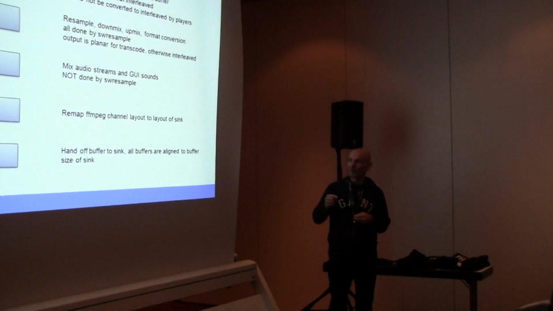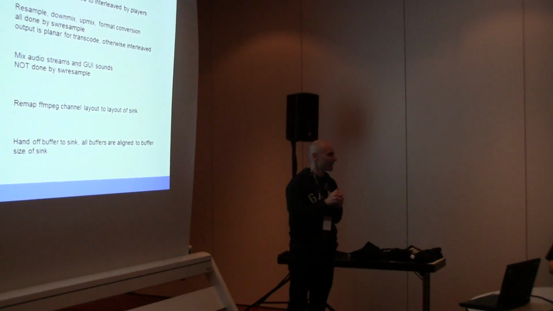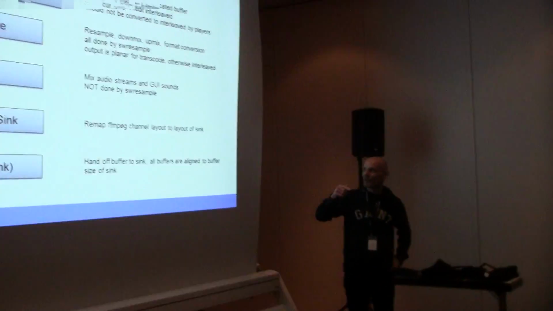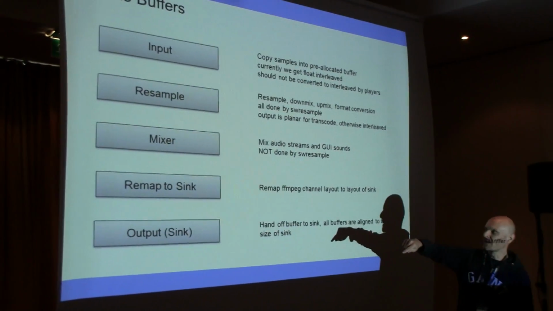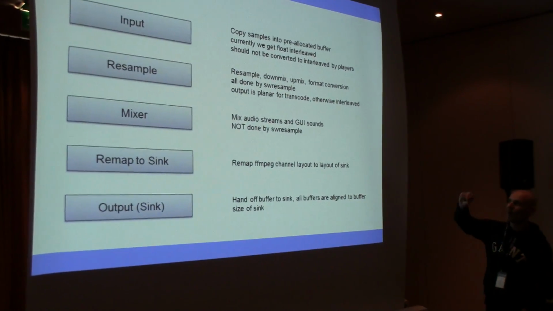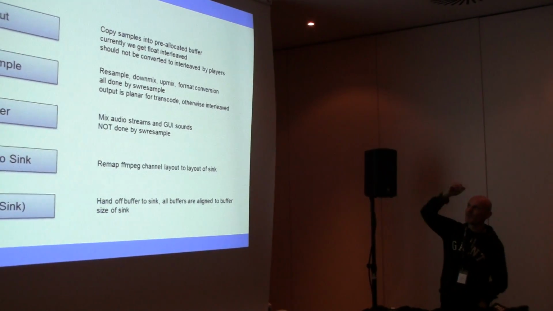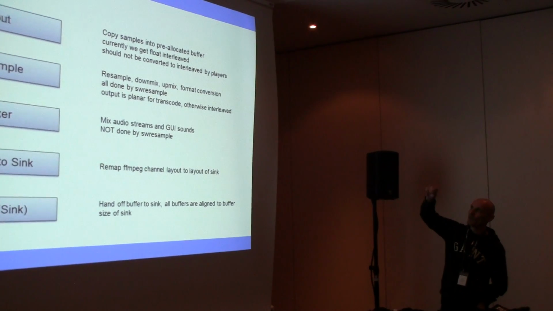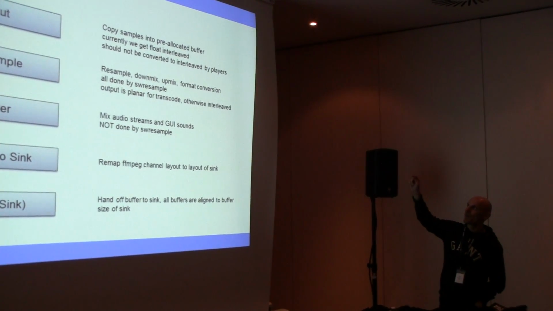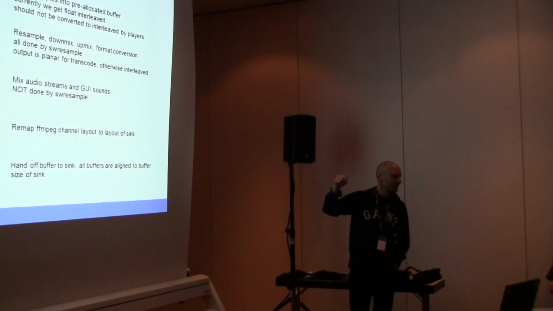Here the sound buffers are aligned to the buffer size of the sink. So it first configures the sink, and then depending on the buffer size, all the buffers or buffer pools of the various stages are created. First, when we get into the engine, we copy the sound samples we get from the players into a free buffer.